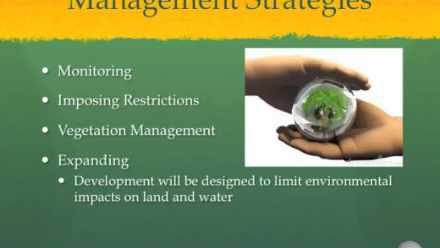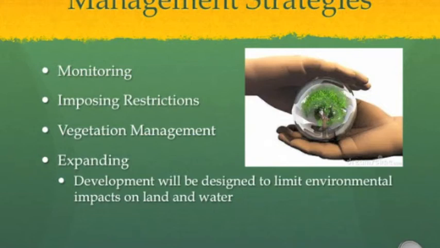Once management procedures are in place, it is important to set strategies that will keep them in place. Management will be enforced through monitoring, imposing restrictions, vegetation management, and through expansion. Monitoring of the camp through managers and their assigned zones will allow for direct contact with visitors to ensure safety and proper treatment of wilderness.